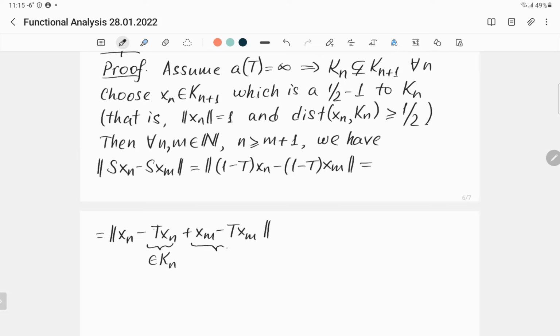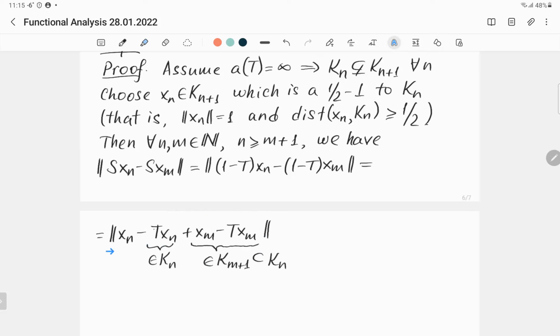And as for xm and Txm, xm belongs to Km, and Km is contained in Km plus 1. But Km plus 1 is contained in Kn, because n is greater than or equal to m plus 1. And the same is true for T of xm. So as a result, we see that all these three vectors, Txn, xm, and Txm, belong to Kn.